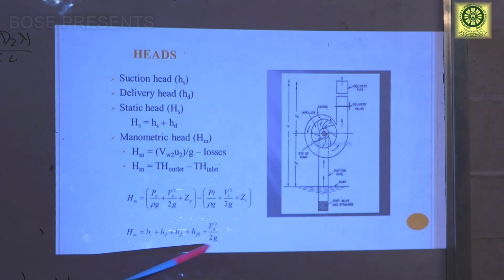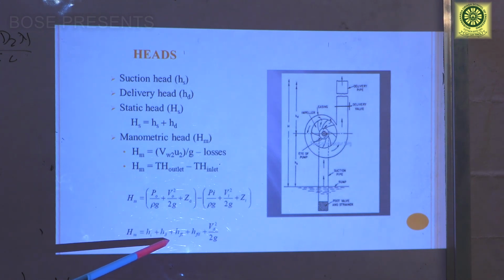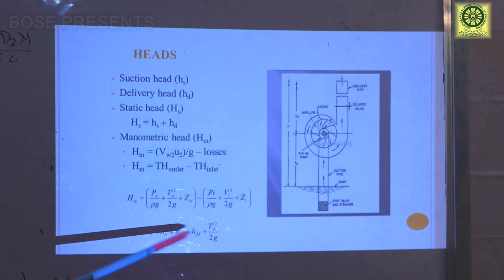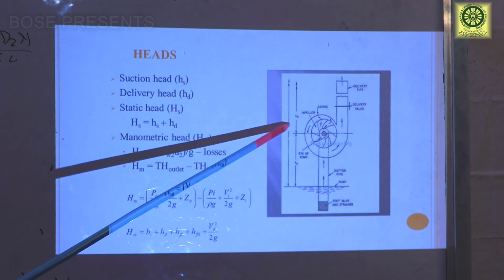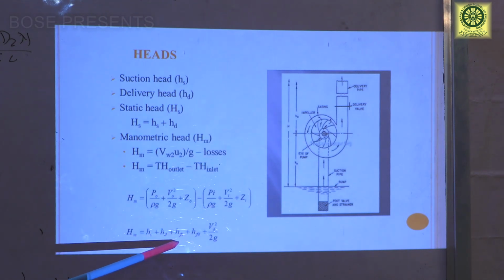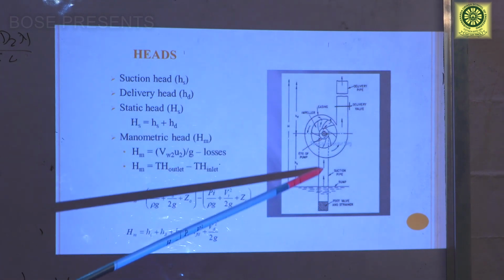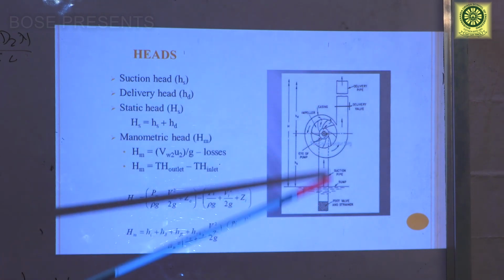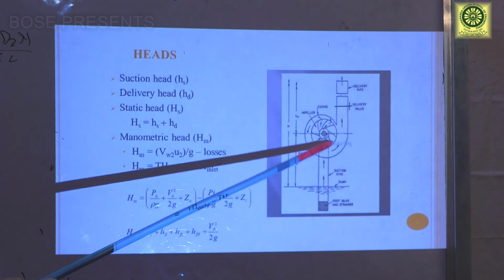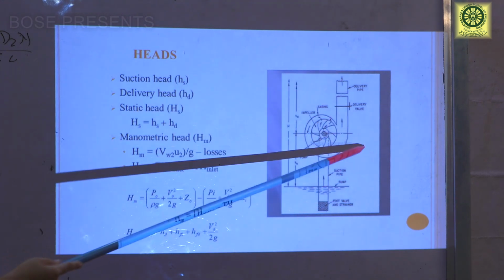Similarly, one other formula over here: we can also find it as static head plus dynamic head plus losses. So what are the losses it may incur? The main loss is the friction loss. We have two pipes over here, the suction pipe and the delivery pipe, so we have friction loss in the suction pipe and the delivery pipe.